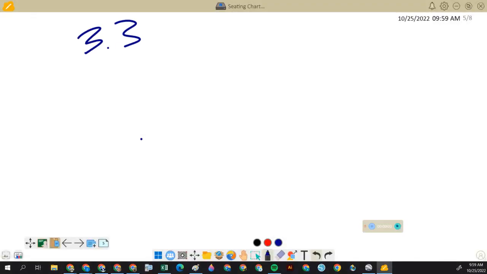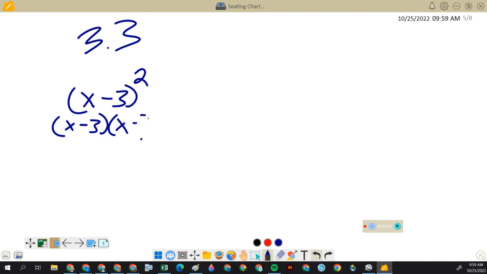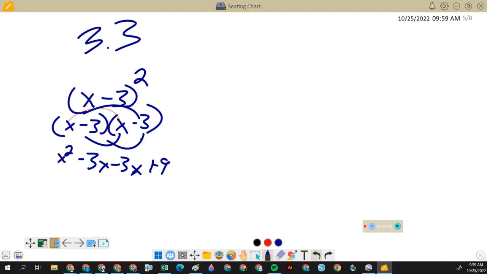Today we are working on 3.3, and it only has 2 topics in there, but it's a little bit tricky. So if I had x minus 3 squared, and I multiplied that together, I would get x squared minus 3x minus 3x plus 9, and that becomes x squared minus 6x plus 9.